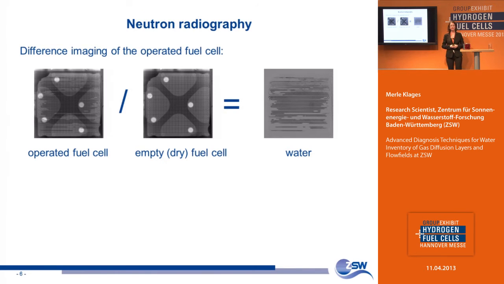How is the imaging done? Basically, you take a picture of a fuel cell and divide it by an image of an empty fuel cell to see the actual water. This is done at particular operating conditions.